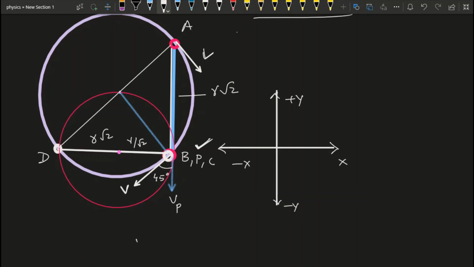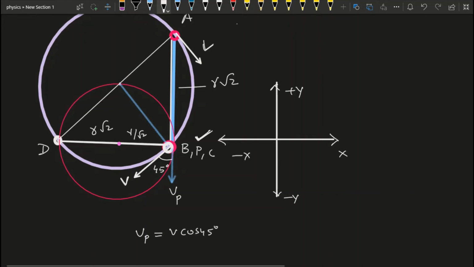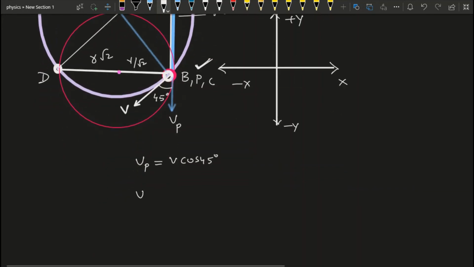So you can clearly see the velocity of the point of intersection can be written as V cos 45 degrees. So you can write Vp is equal to V by root 2. This is a very important point.